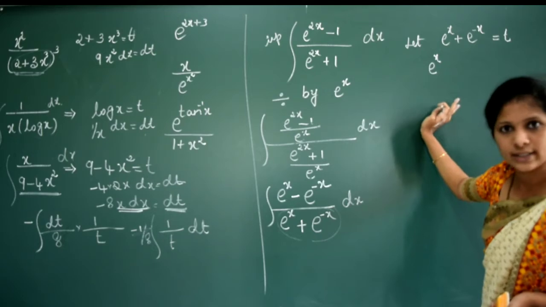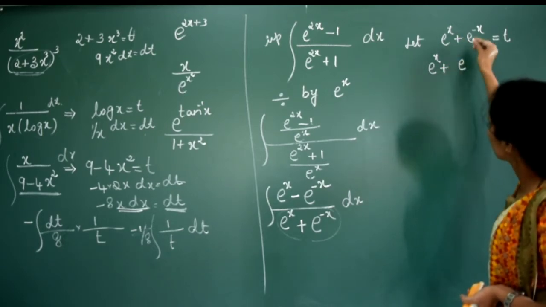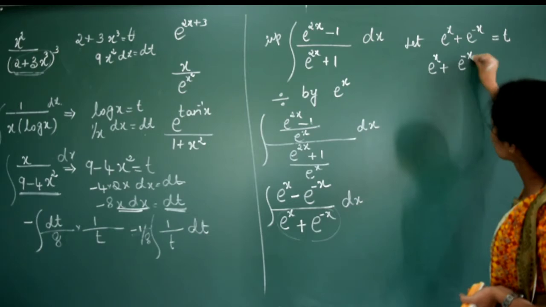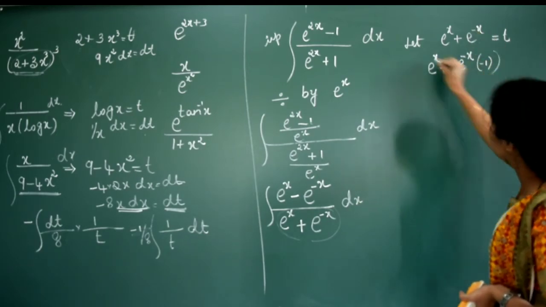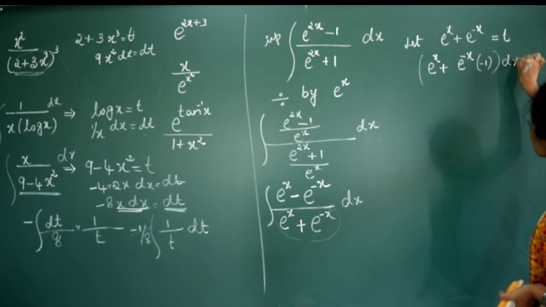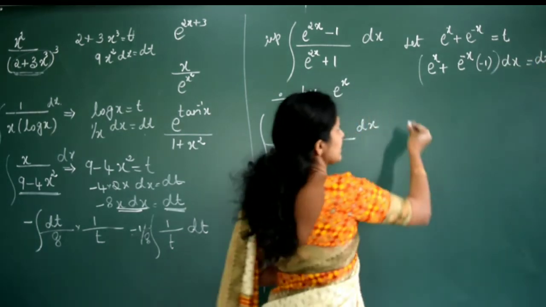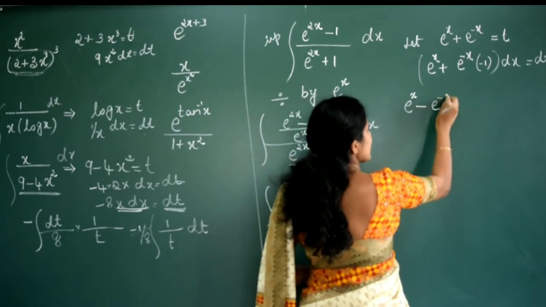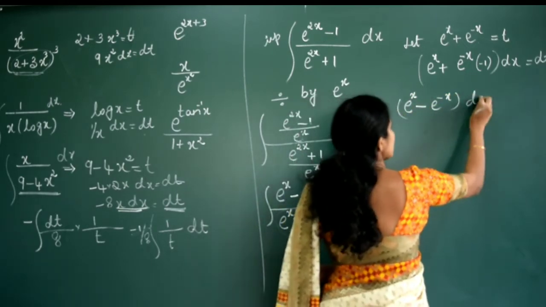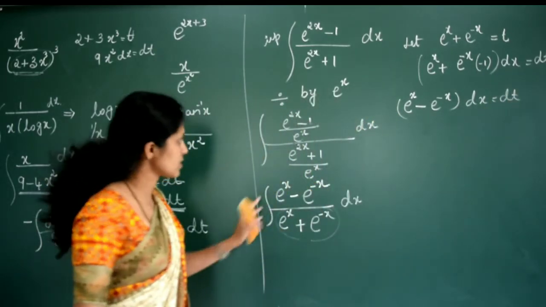Here we will do it directly. The derivative of e to the power x plus e to the power minus x will be e to the power x, and e to the power minus x with the derivative of minus x, which is minus 1, into dx is equal to dt. So we can write this as e to the power x minus e to the power minus x into dx is equal to dt. So we got the numerator, right? So just substitute.